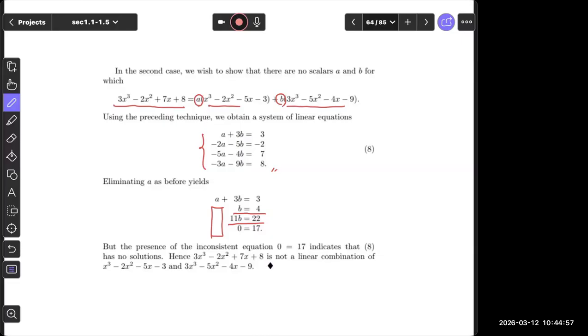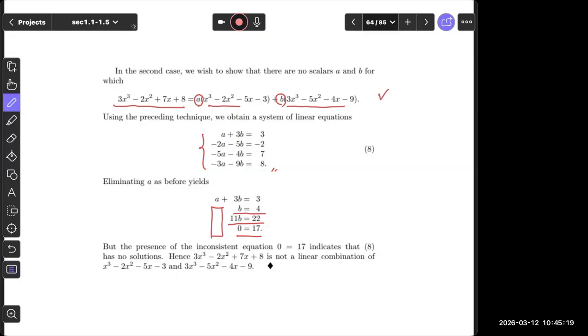The problem is this one. That does not make any sense, right? 0 equals 17. Then we have a contradiction. So a and b satisfying this equation do not exist.